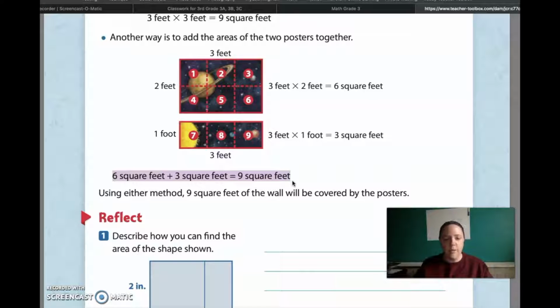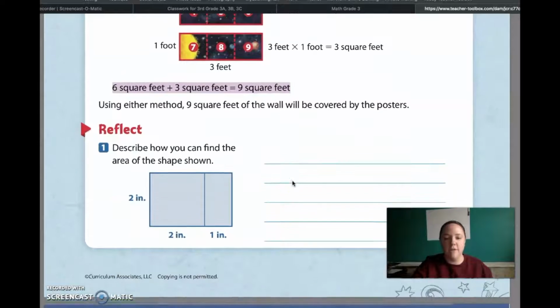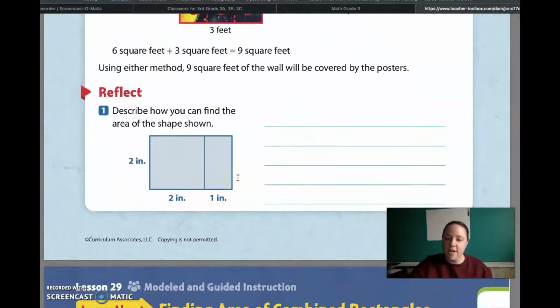So we want to reflect. Describe how you can find the area of the shape shown. Okay, so we know that 2 by 2, and we know that this bottom one right here is 1. Let's ignore the line that's right here because that's kind of throwing us off.